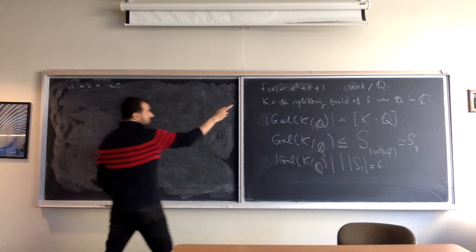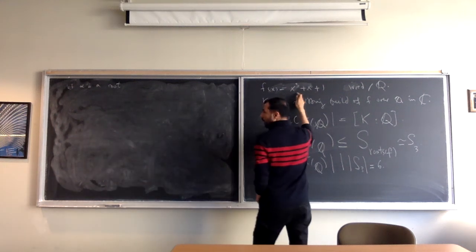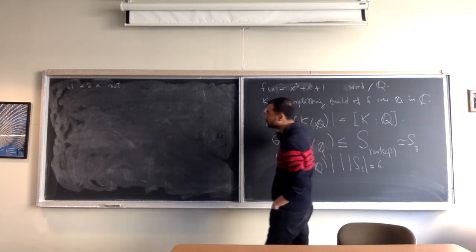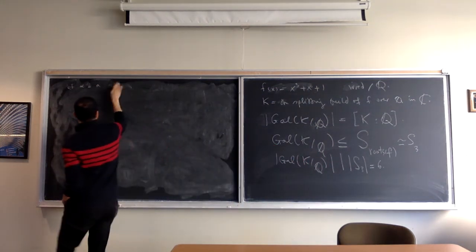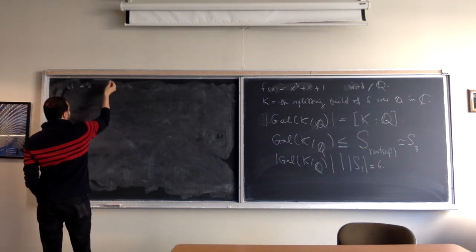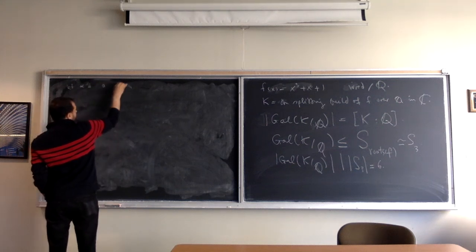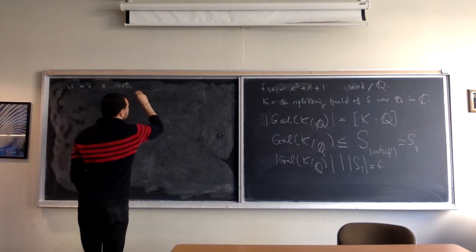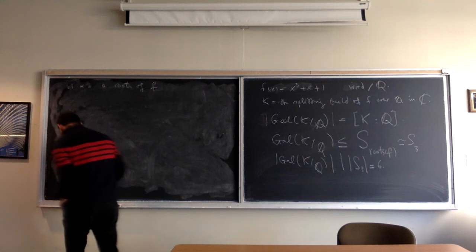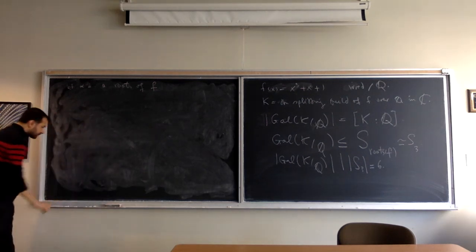So there's always at least one real root. We could take alpha to be that root, but for now let's keep it general: a root of f. Later we're going to take this to be the real root.